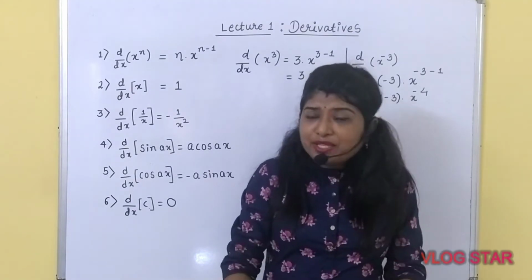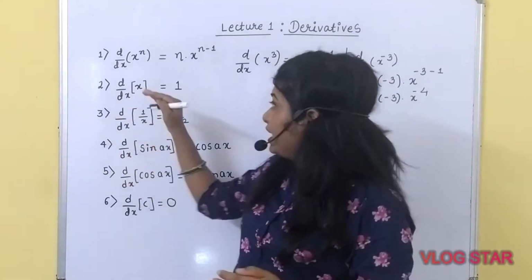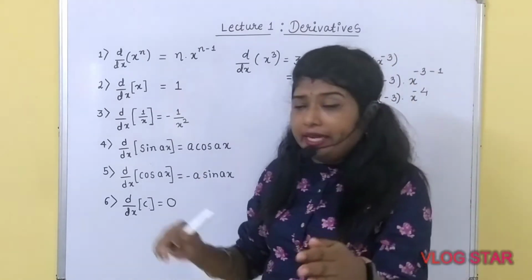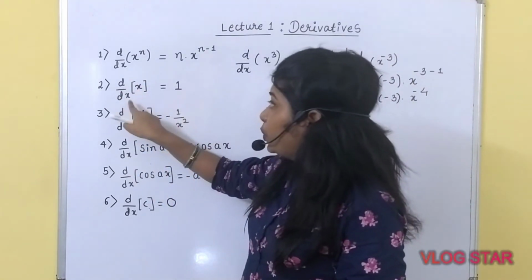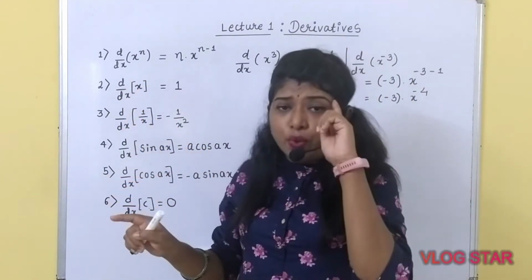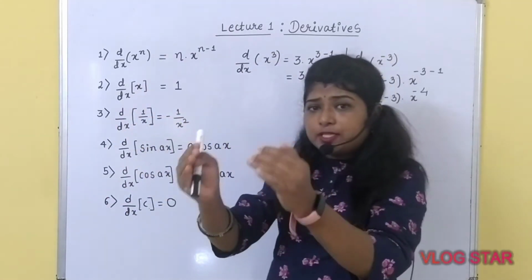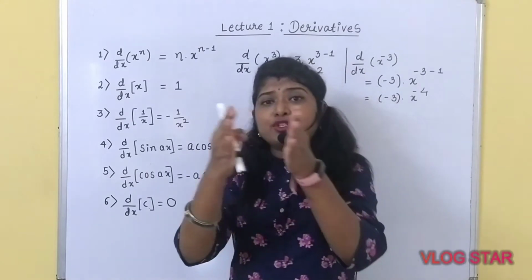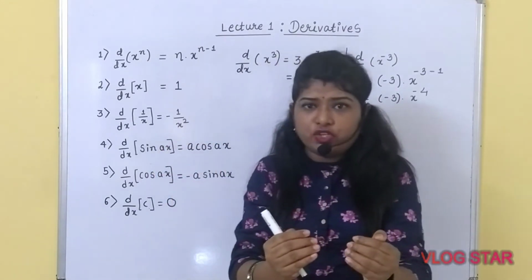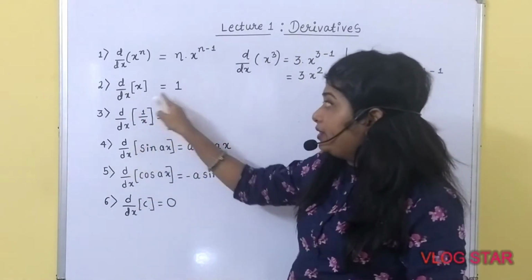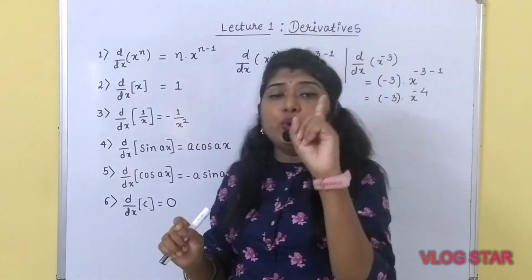Coming to the second formula, we need to calculate the derivative of x with respect to x. Remember, if it is the derivative of y with respect to y or z with respect to z, the same function, then the answer is equal to 1.